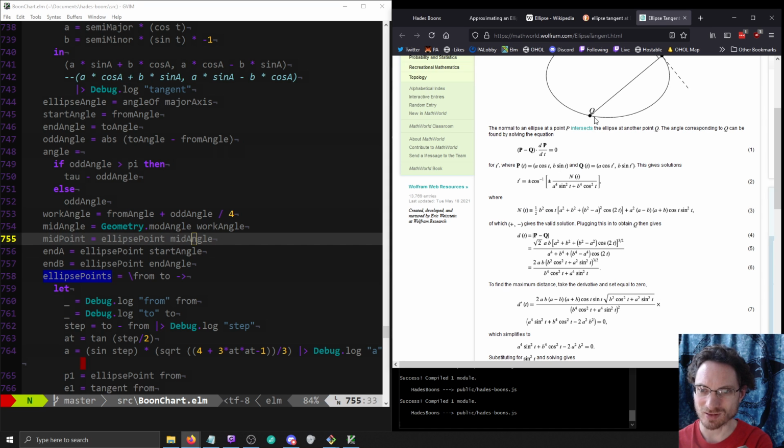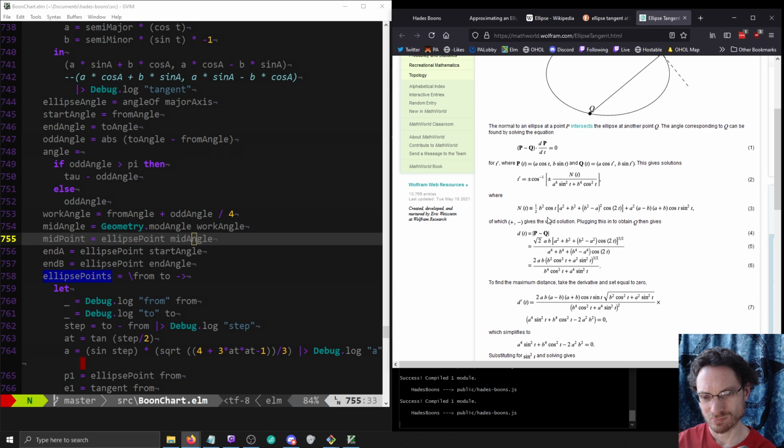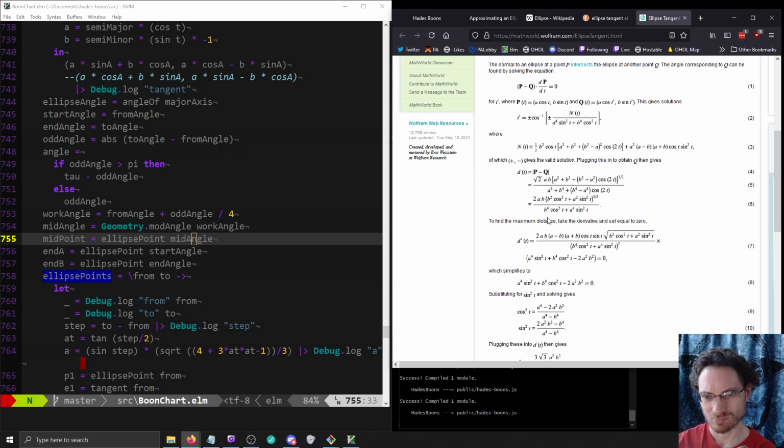Is that the angle Q is at? Where T is the angle P is at? Plugging this in to obtain Q, is that to calculate the perpendicular?